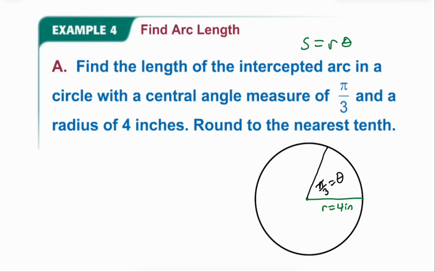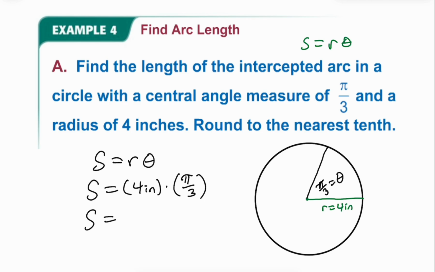And that would be R theta. So if we apply the formula we saw before, we're going to do our radius of 4 times our radian measure, pi over 3, and we are going to get an answer of 4 pi over 3 inches. Now that's our exact answer.